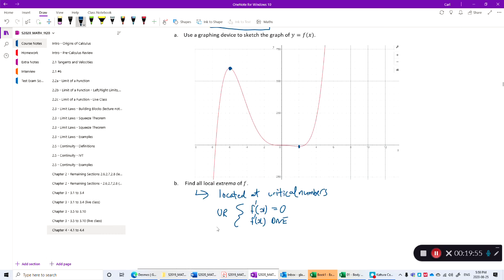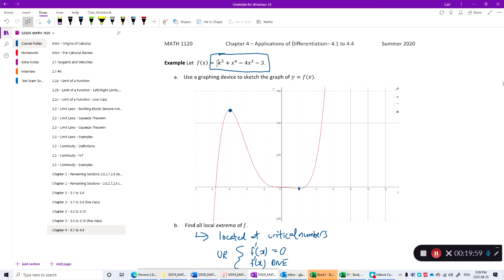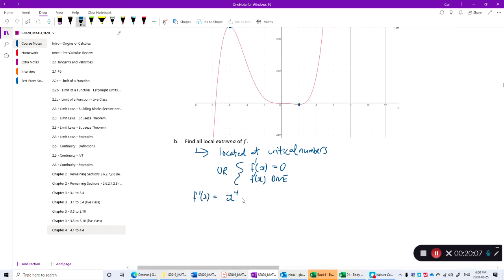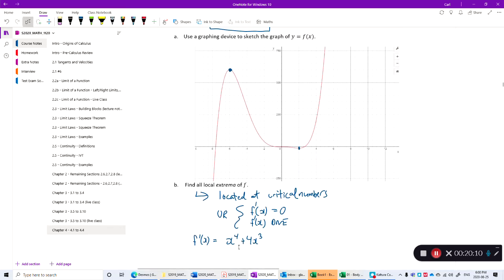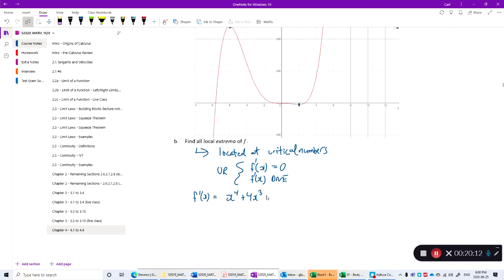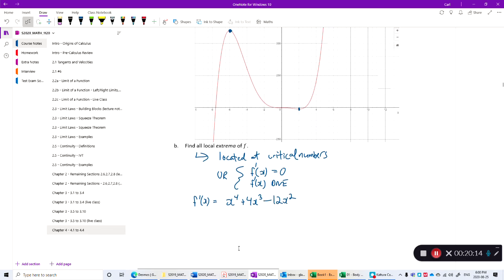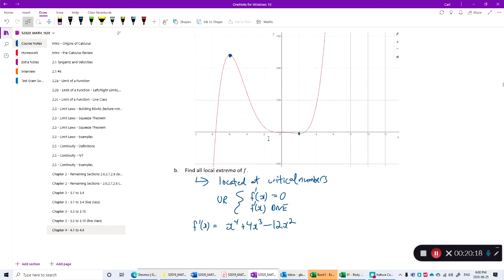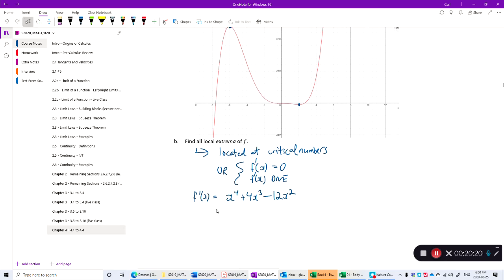So what is the derivative? F prime of x is, I'll bring down the 5, so that becomes 5 over 5. That's just 1. x to the 4th plus 4x cubed minus 12x squared. And then the 3 becomes 0. So that's the derivative. Let's let it equal 0.